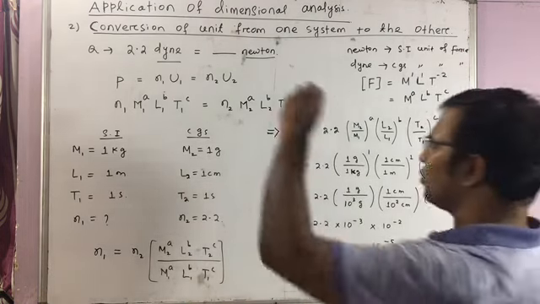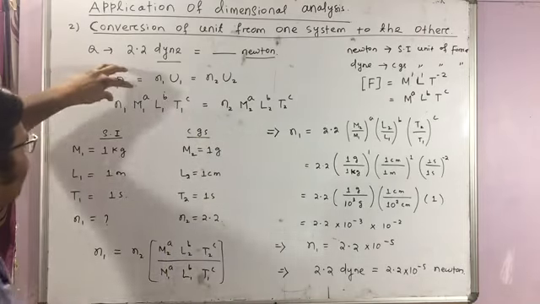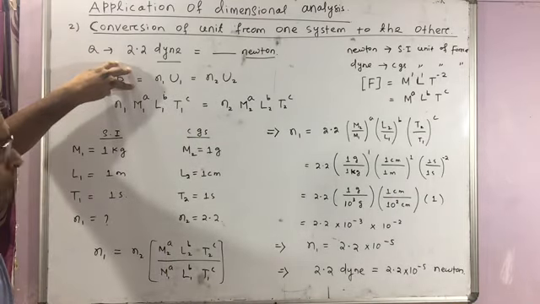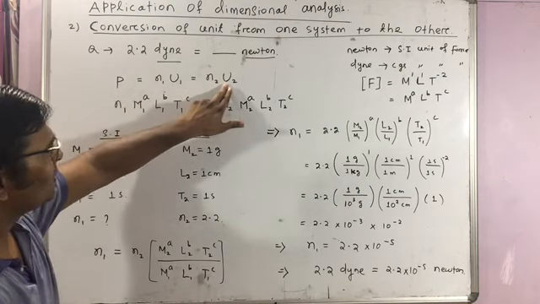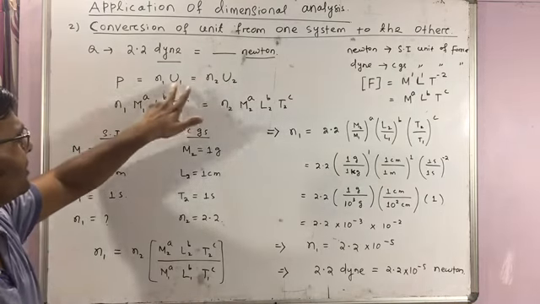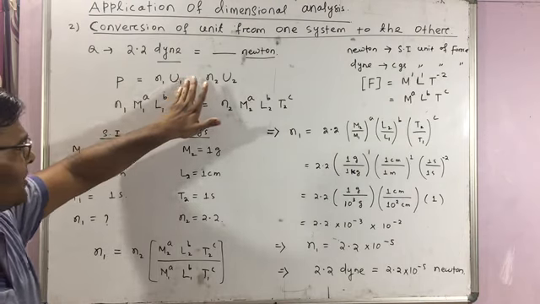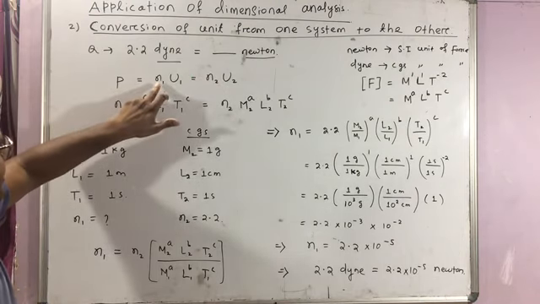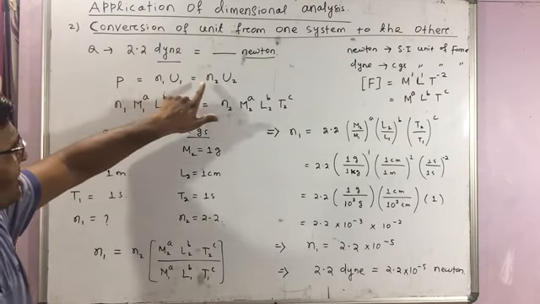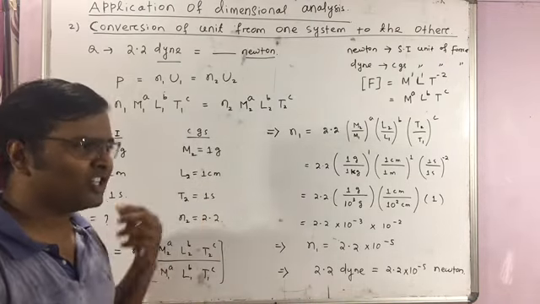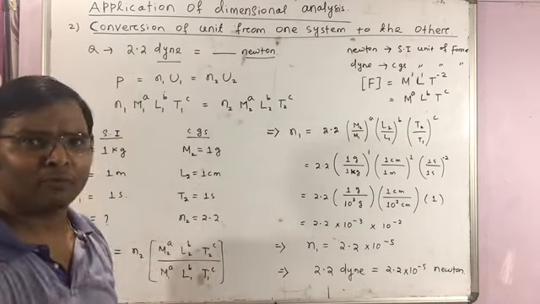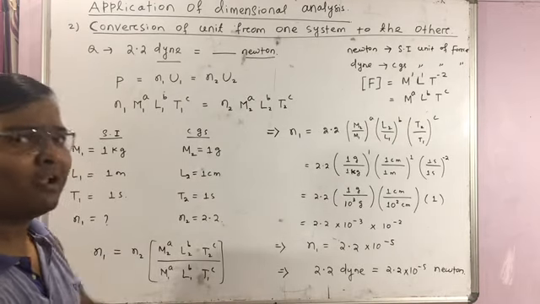Clear? So the concept here is, suppose you are measuring a physical quantity under one unit and also under a second unit. There are two units, first and second. So your value, that is n1 u1, must be equal to n2 u2. It means the value of that physical quantity won't change if you change the system of unit of measurement.